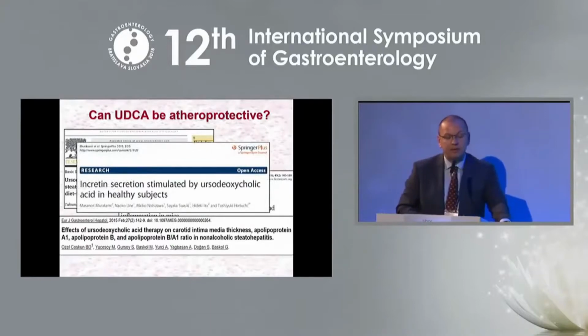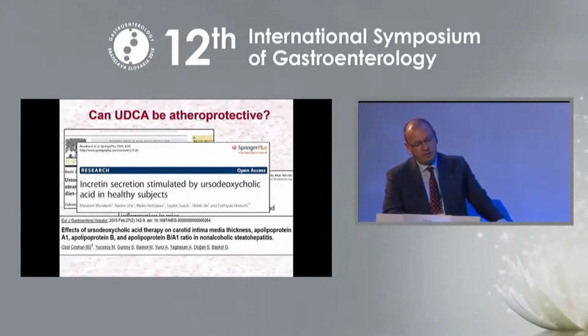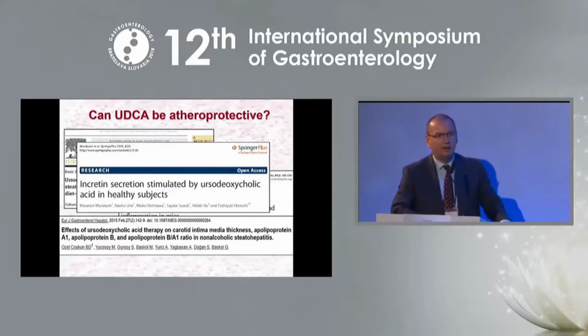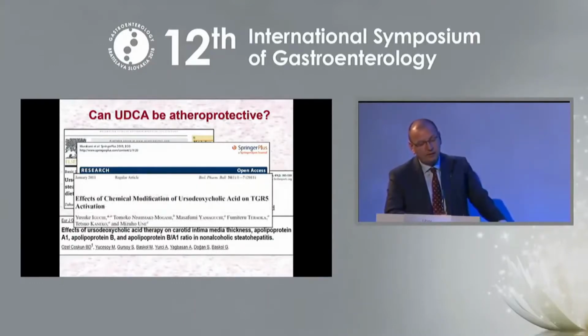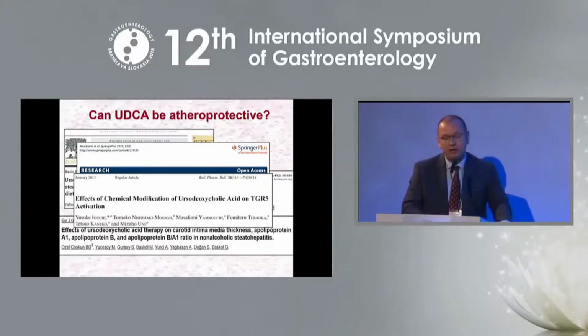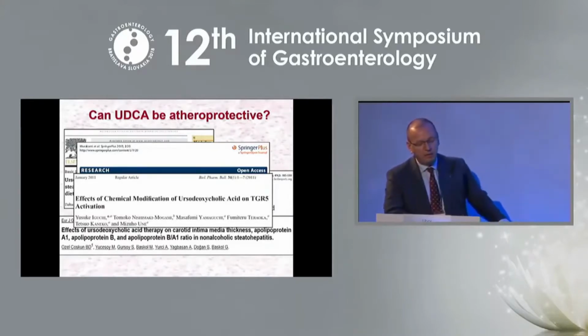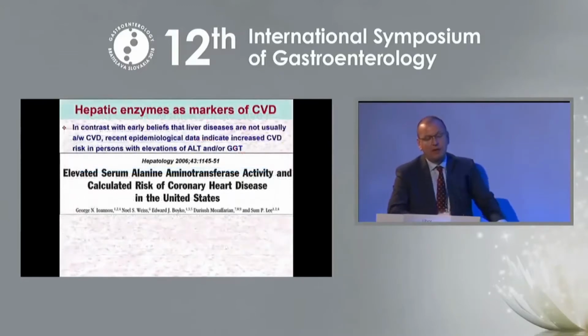And surprisingly, UDCA can even stimulate secretion of incretins, again knowing that UDCA is not a good TGR5 agonist. And this is also an important paper showing that URSO can be chemically modified to improve its capabilities towards activation of some of these metabolic receptors.